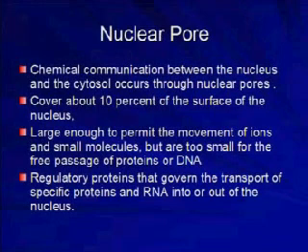It's large enough to permit the movement of ions and small molecules, but it's too small for free passage of proteins or DNA. Now remember, information for protein production still has to get in and out of the nucleus, and so messenger RNAs are responsible for that because the DNA is actually too large to pass out of these little nuclear pores.